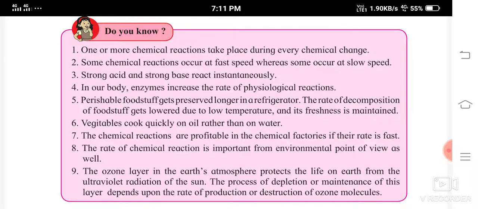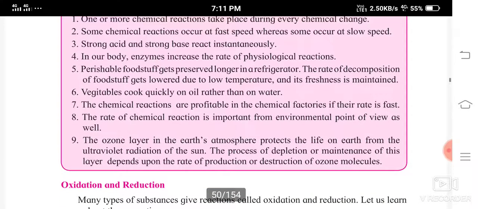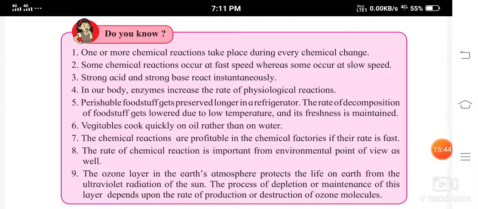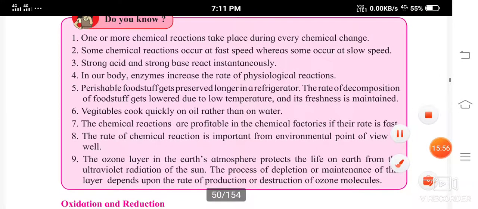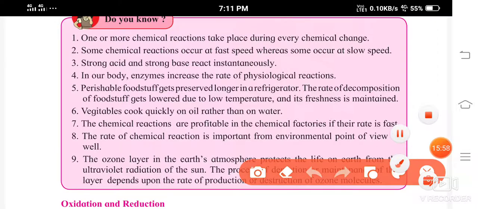Now see, do you know one or more chemical reactions take place during every chemical change. So during chemical change, one or more chemical reactions take place.